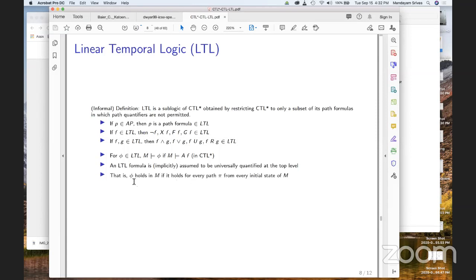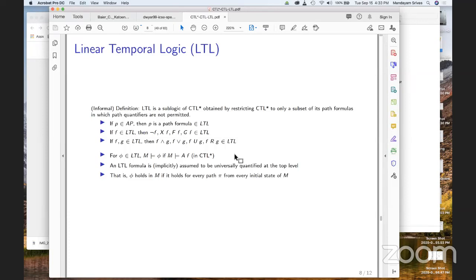That is right. An LTL formula phi holds in M if it holds for every path pi from every initial state of M. So that is the same as putting an A and then interpreting this as a CTL star formula.